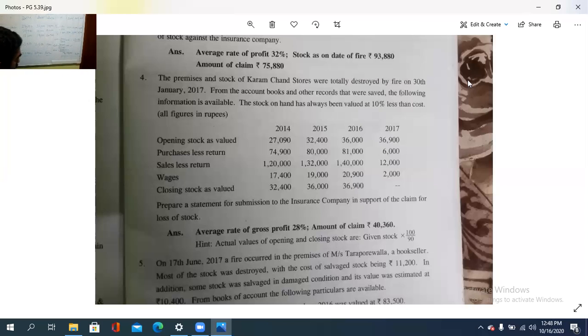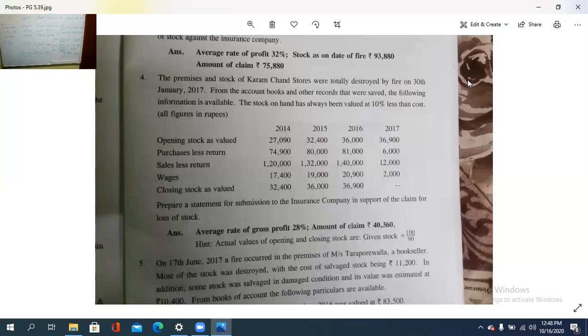Then second year 36,600 divided by 1,32,000 into 100, 27.73%. The third case 39,000 divided by 1,40,000 into 100 is 27.86%.